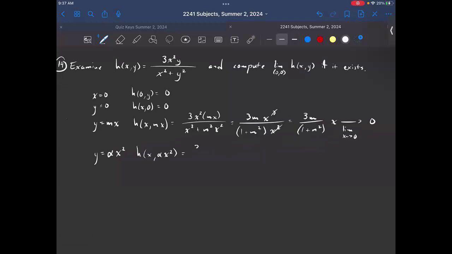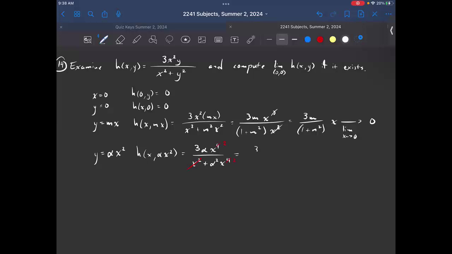That is going to give me 3 alpha x to the fourth over x squared plus alpha squared x to the fourth. Okay. And now, again, I see that this is well, I have a little bit of cancellation here. Cancel out an x squared from everything.